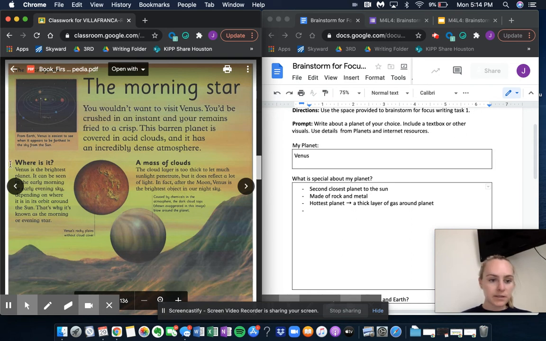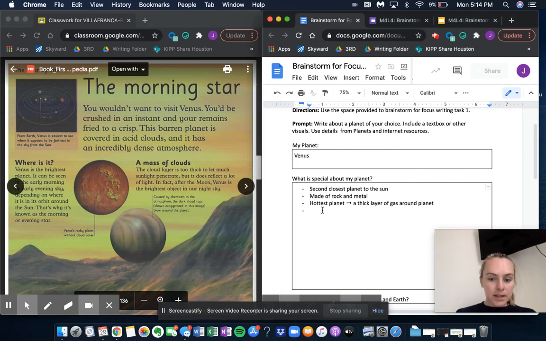That's interesting. Okay. It's the brightest planet. Oh, we can add that. In the early morning or early evening sky, depending on where it is in its orbit around the sun. That's why it's known as the morning or evening star. Interesting.